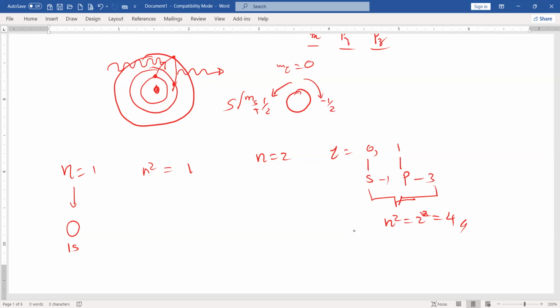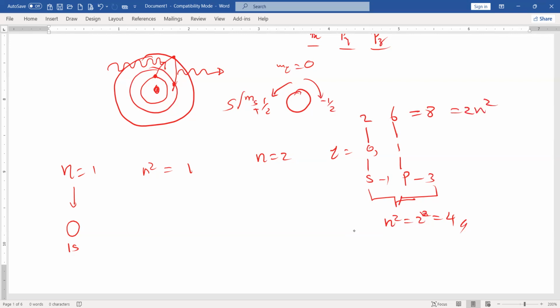The number of atomic orbitals is n squared, and the number of electrons will be 2 times n squared. We know that in the s orbital we have 2 electrons, in p we have 6, so altogether 8, which is equal to 2n squared.